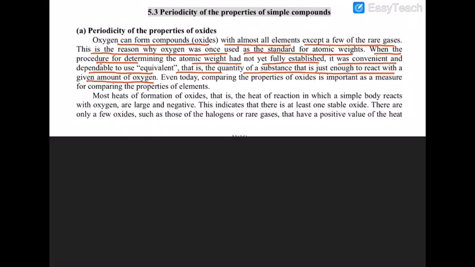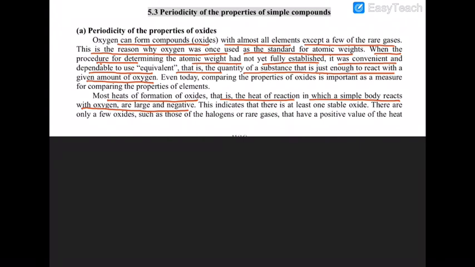But nowadays oxide properties are mainly used to compare the properties of the elements. Most heats of formation of oxides, that is, the heat of reaction in which a simple element reacts with oxygen, are large and negative.